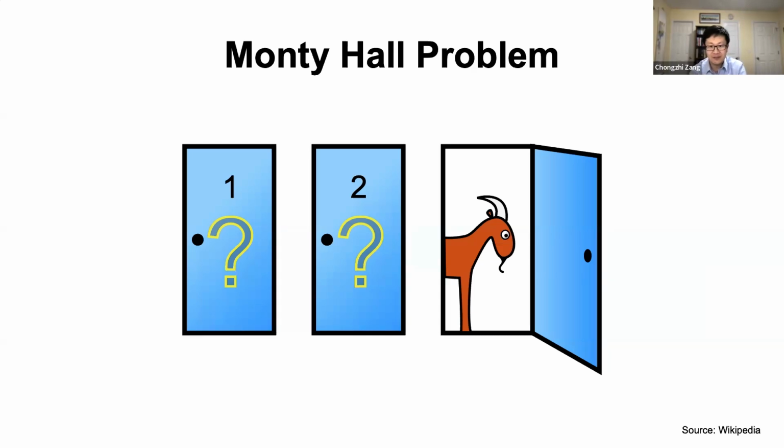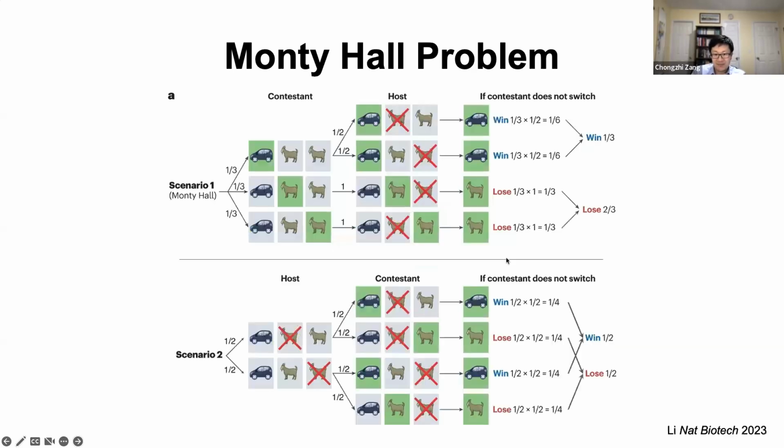So at the beginning, the player picks 1 door, and the judge opens 1 of the other 2 doors and finds there is a sheep. At this moment, they ask the player whether they want to change their decision.